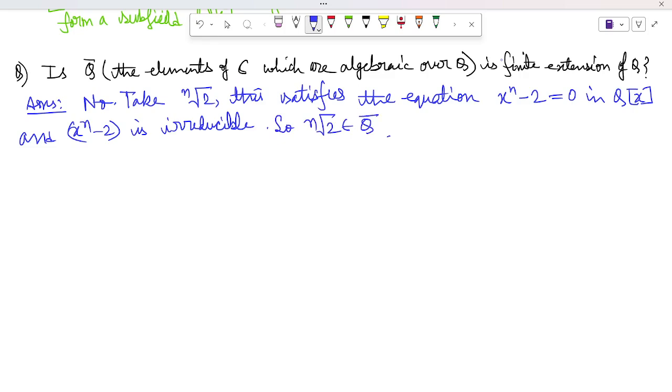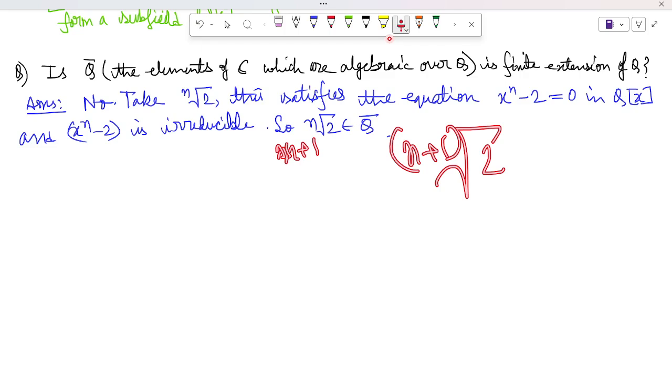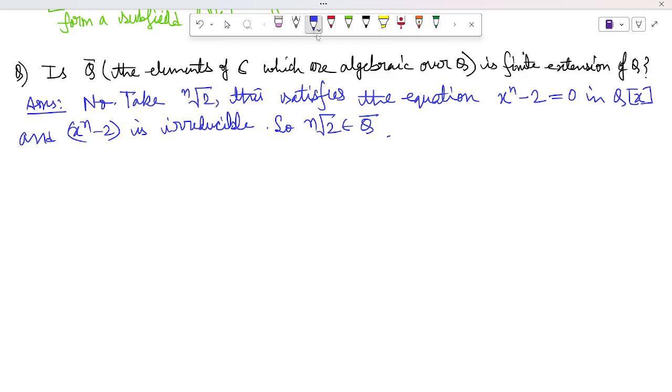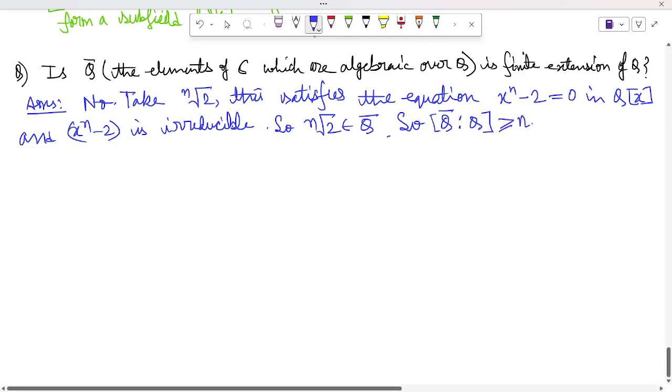Now, if I take some much bigger n, that is n plus 1, through the nth root of 2, then it implies that the degree of the extension is at least n. Why is it greater than or equal to n?